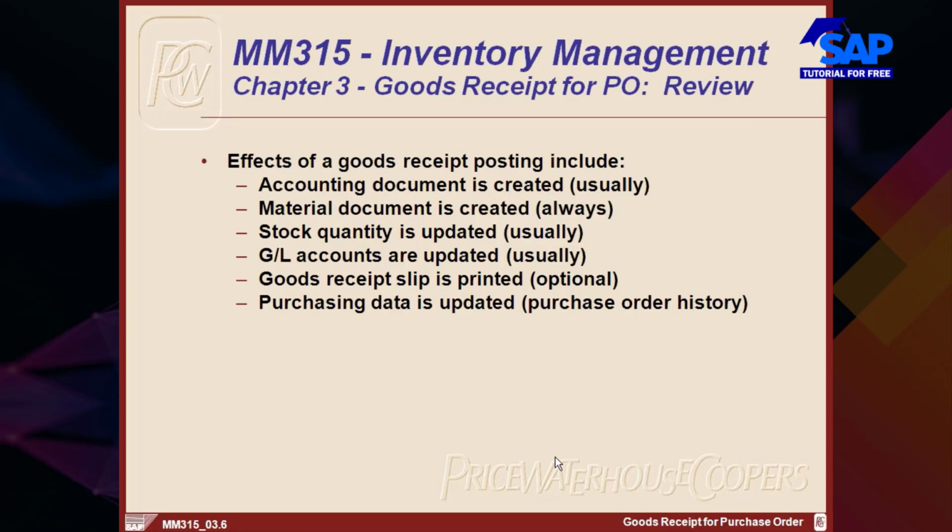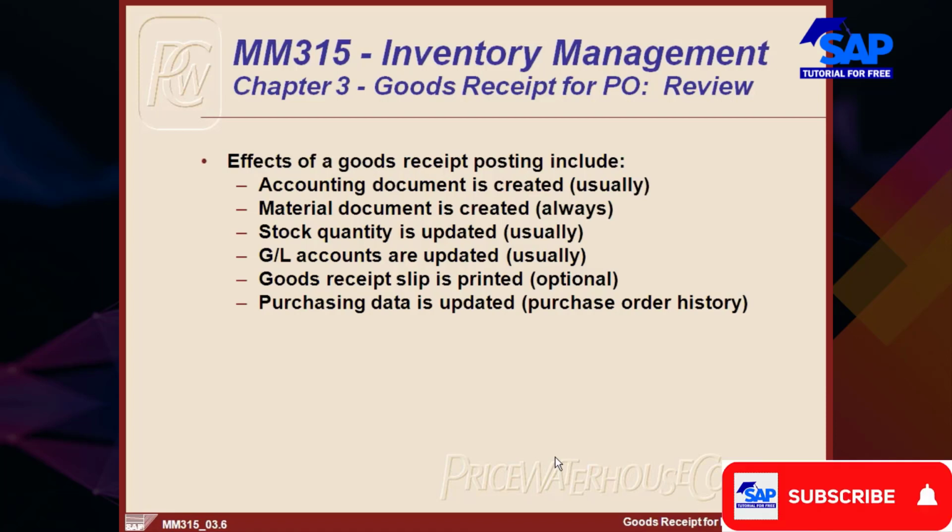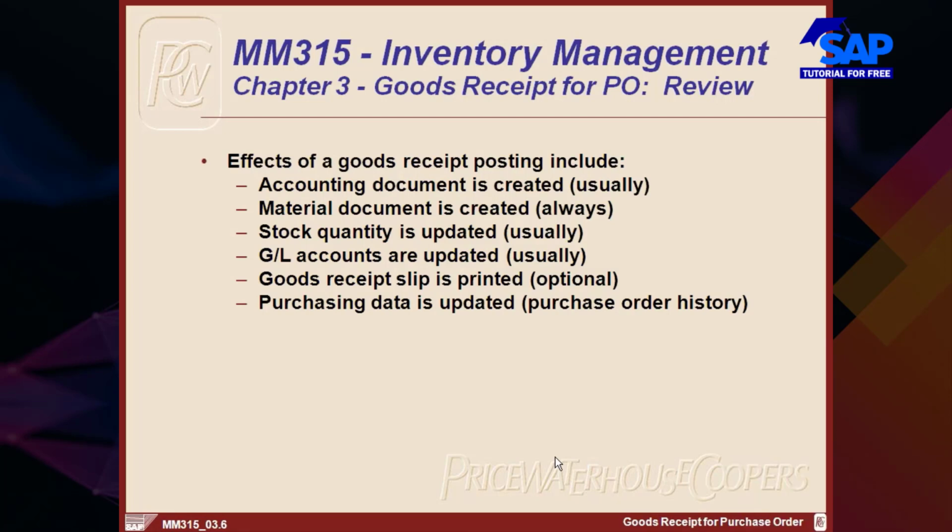Okay. Now, ideally, this is what is happening. Effects of goods receipt, an accounting document and a material document will be created. Material document, take it for granted always. Accounting document, most likely, provided if there is any financial impact. Stock quantity is normally updated if it's a stock material. GL accounts are normally updated if it's a stock material.